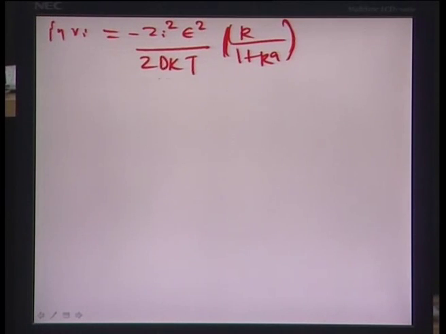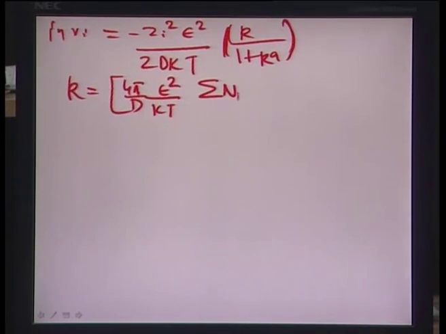Okay. So, also we know that kappa essentially is nothing but 4 pi by D epsilon square by kT sigma Ni Zi square to the power of half. In other words, we can express this in a more appropriate manner by assuming that what is really Ni.